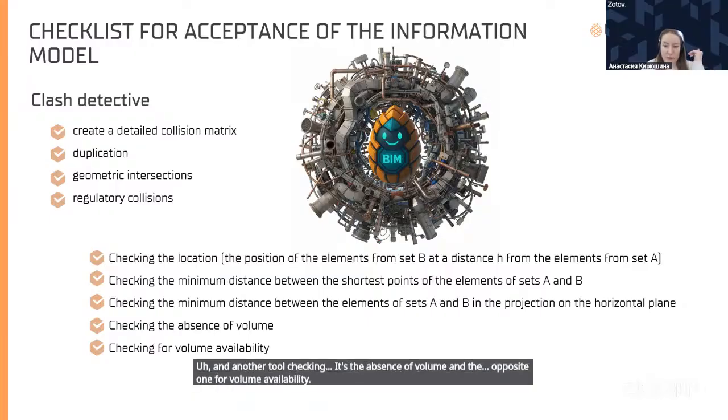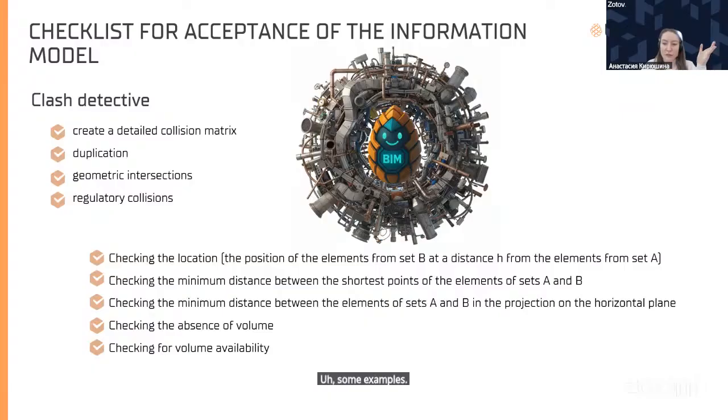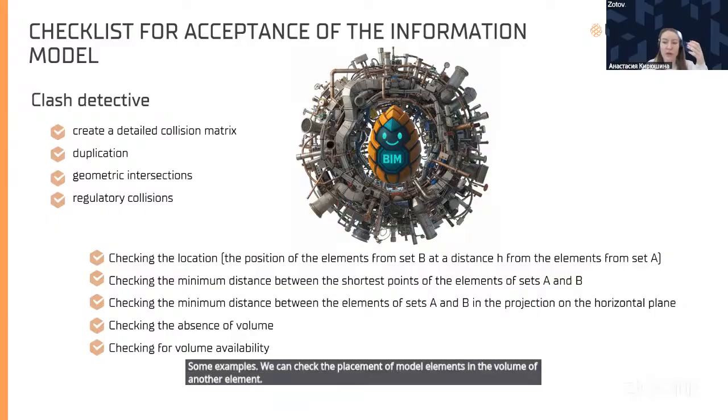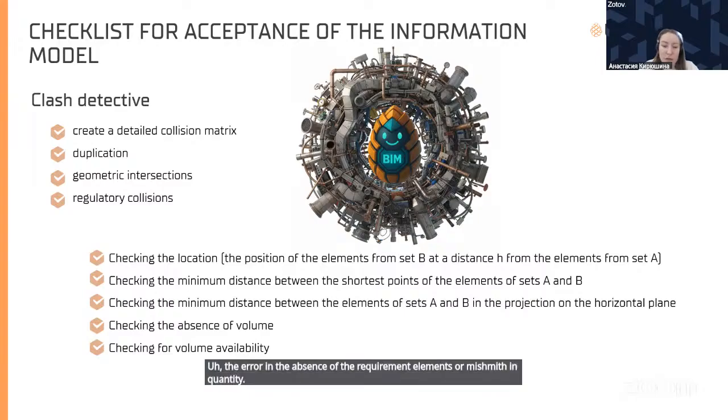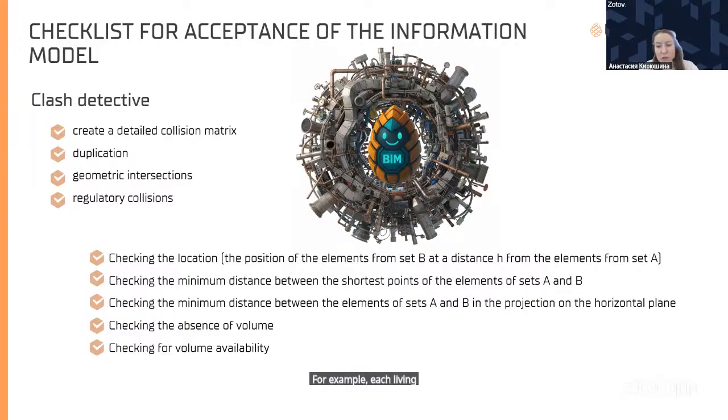For example, we can check the placement of model elements in the volume of another element, the error in the absence of required elements or mismatch in quantity. For example, whether each living room has two air conditioners or not, and the error will be a living room with no conditioners at all.